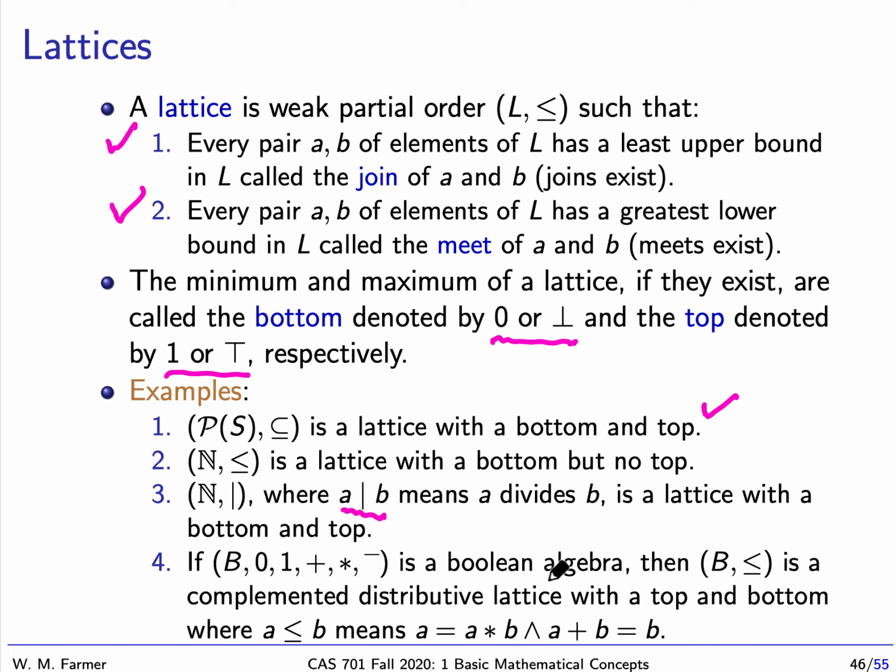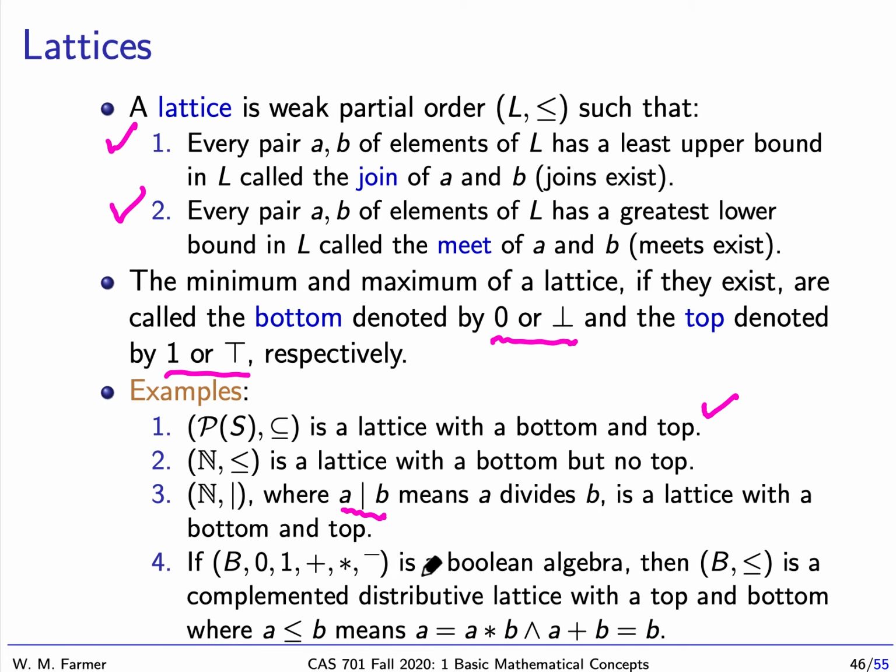I'll let you figure out what the bottom and the top are, but the join is going to be the least common multiple of two natural numbers, and the meet is going to be the greatest common divisor. So this is a very, very interesting example of a lattice.